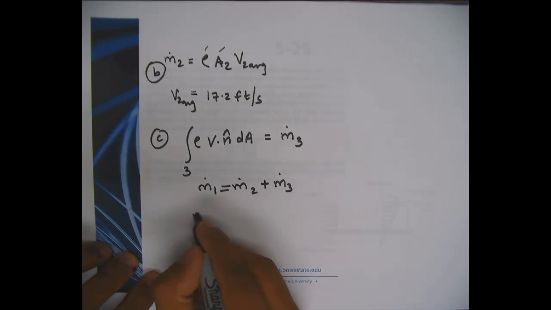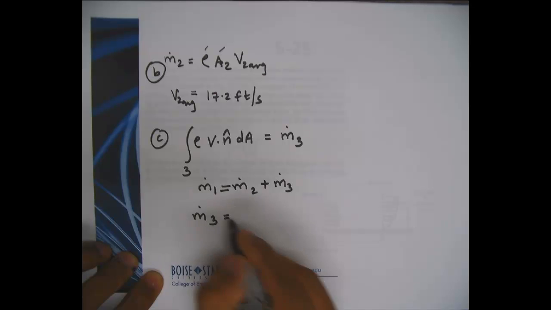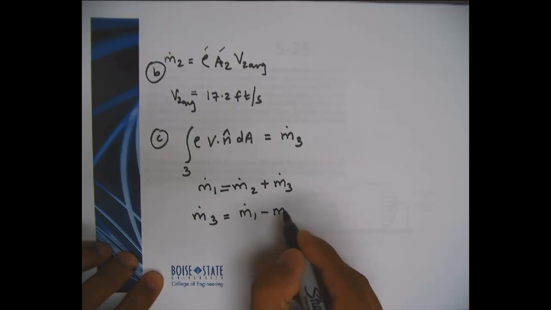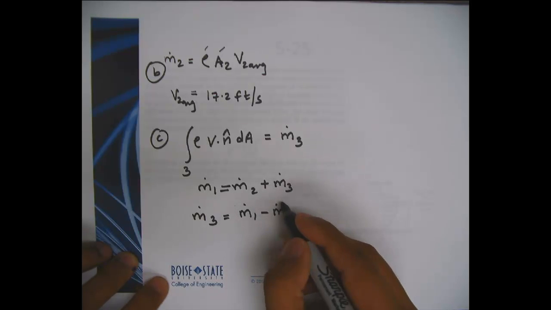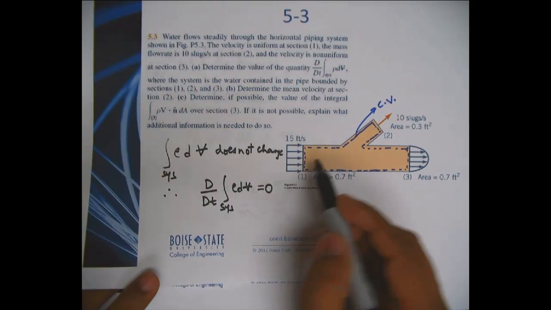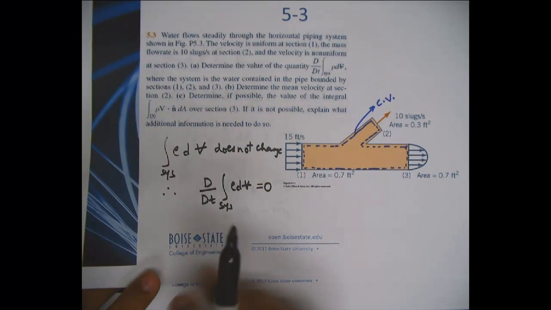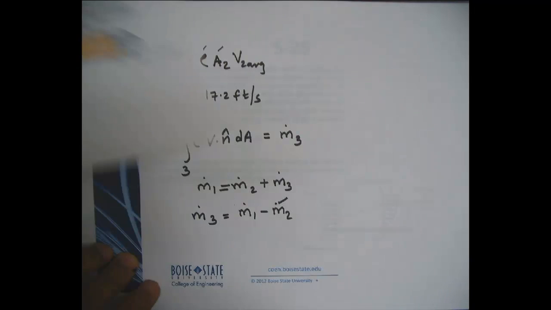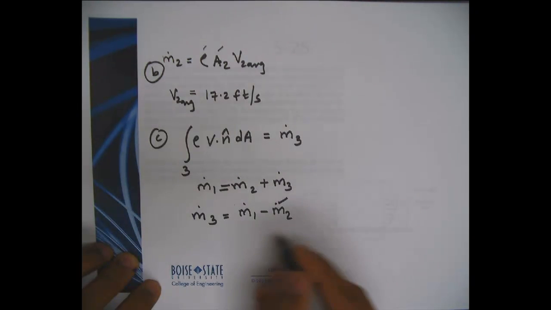So I can determine m dot 3 as m dot 1 minus m dot 2. I already know what m dot 2 is. That's given in the problem as 10 slugs per second. I have to find m dot 1. I know a velocity, I know the cross-sectional area, I know the density of water, since that's the fluid, so I can quickly find that.